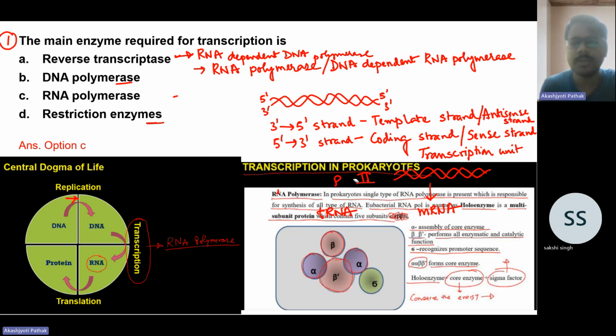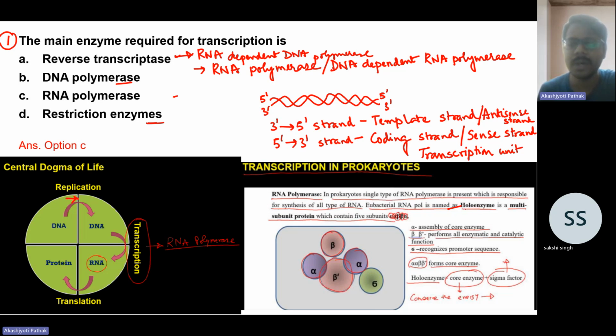As was discussed in your lectures, in prokaryotes there is a single RNA polymerase, and it is responsible for the synthesis of all types of RNA. The eubacterial RNA polymerase is named holoenzyme. Why is it called holoenzyme? It is made up of 5 subunits: two alpha subunits, and one beta and beta dash subunit.